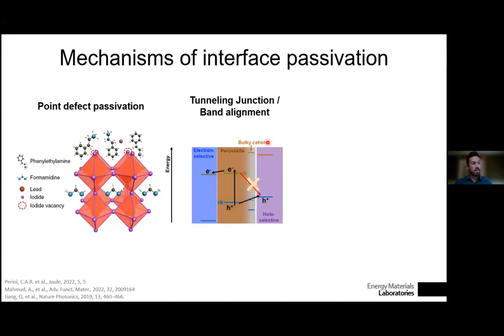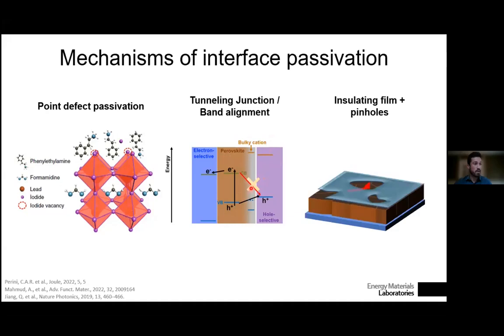The use of bulky cations or of materials with a larger band gap can create tunneling junctions if properly controlled in thickness, and this could reduce this unwanted recombination pathway. Another alternative is instead having a fairly thick insulating layer at the top surface of perovskites, which however is not uniform, so has some degree of porosity or areas with lower thickness from which charges can be extracted via funneling. So we still have some passivation, but it will not affect charge extraction thanks to this heterogeneity of the surface.